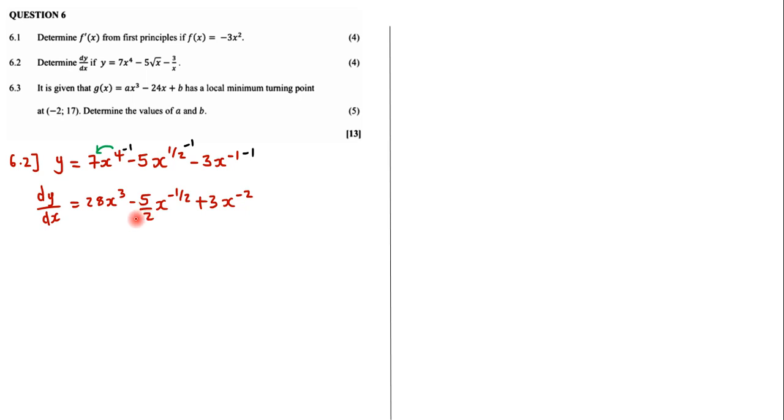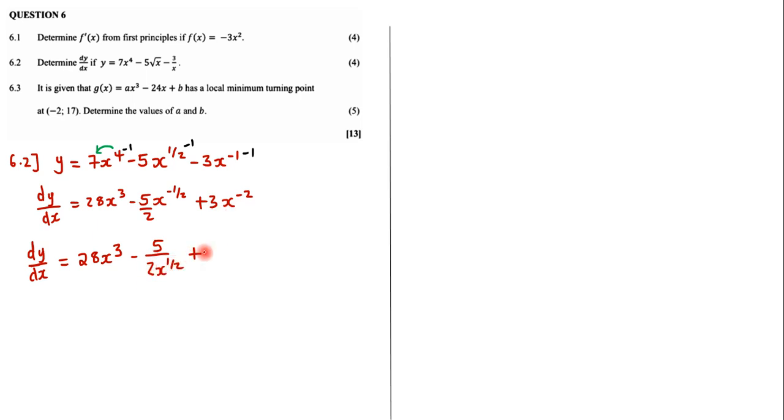But let's say for argument's sake they want you to simplify further. All you have to do is say dy dx is equal to 28x cubed, and remember here you had minus 5 over 2. This x is on the numerator, so let me write it up there, with 5 and that negative 1 over 2. To make it positive, I need to take it underneath. So by taking it underneath, I will have 5 over 2 x to the power of 1 over 2.